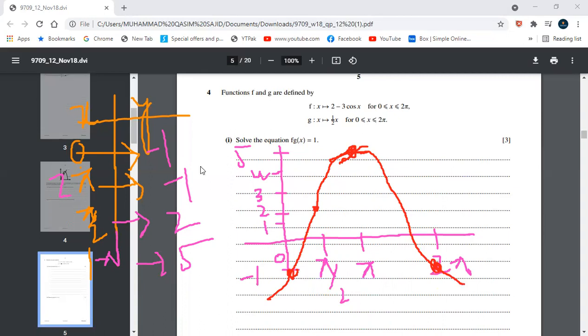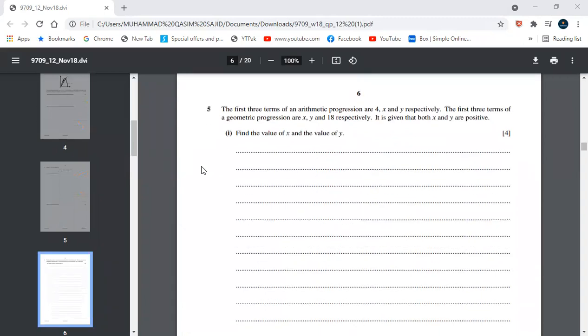Okay, let's move forward. So in the 5, yes, so basically geometric progression is given, so we have to find the value of x and y.